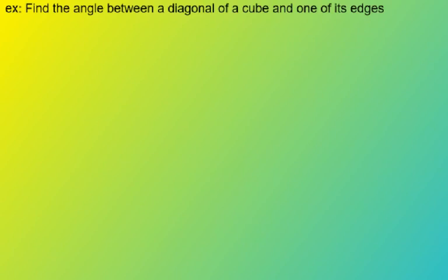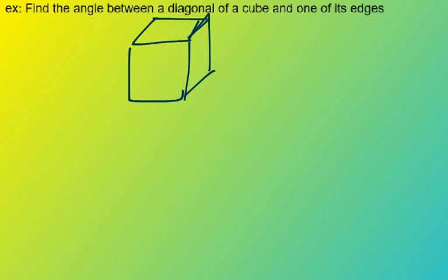So last but not least, I just want to show you how we could use this. If I wanted to find the angle between the diagonal of a cube and one of its edges, let me just start by drawing a picture. So I've got a cube here, and I want to find the angle between the diagonal of the cube and one of its edges.